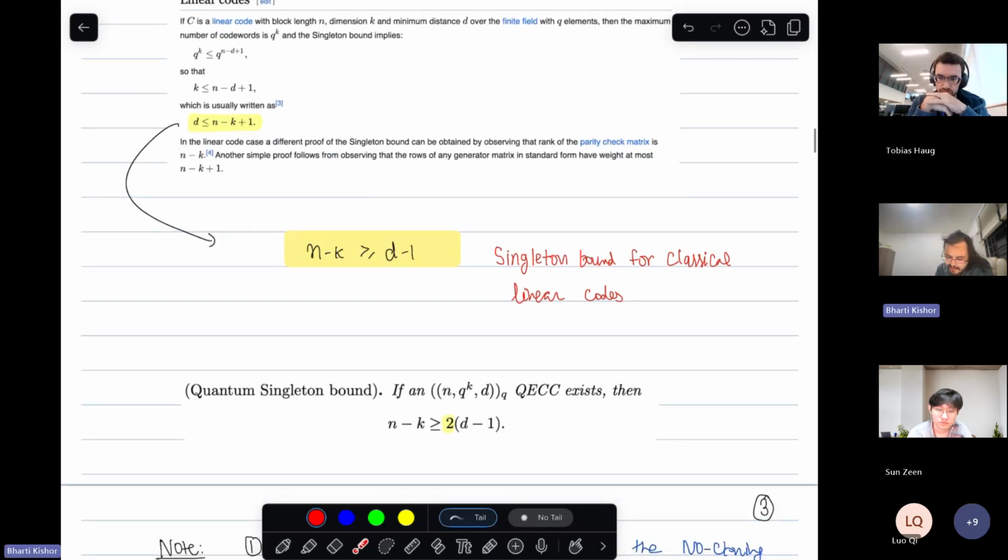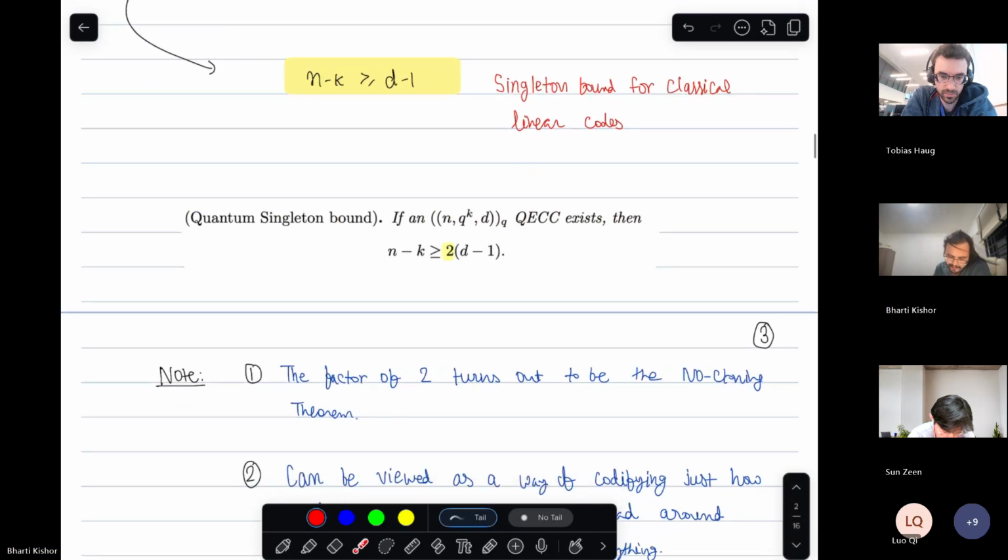And in the quantum case, in the quantum singleton bound, you have the same thing, but with a 2 in front. So one might think, why do we have a factor of 2? And actually, you will see this kind of factor of 2 occurs quite often when we look at the classical bound versus the quantum bound.